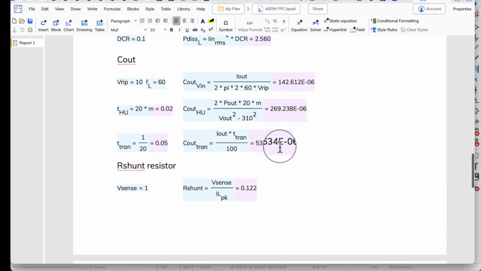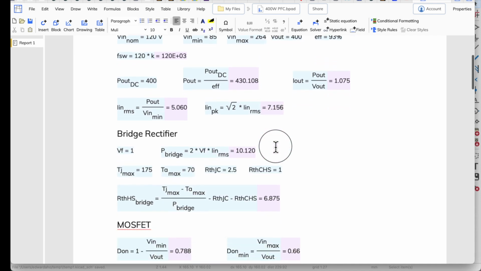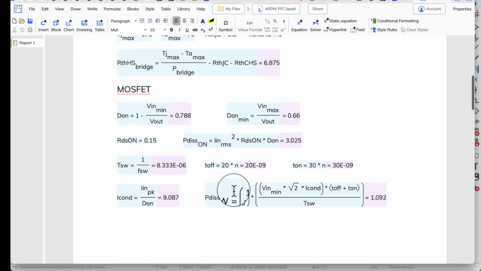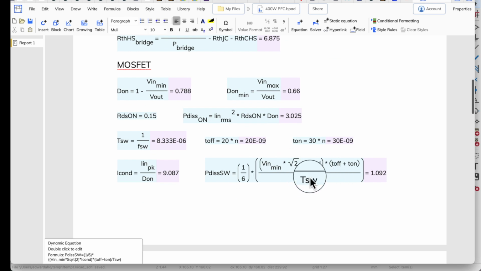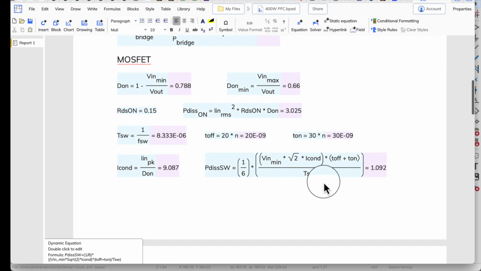So pretty neat software. Much easier than Excel because you can actually see the equations. As you scroll through, you can see, oh, if I make this bigger, then this gets smaller. If I change one of these things up here, bigger makes this bigger, smaller makes this smaller. So you can kind of see how your variables, or the parts of the equation, change the answer to the equation.